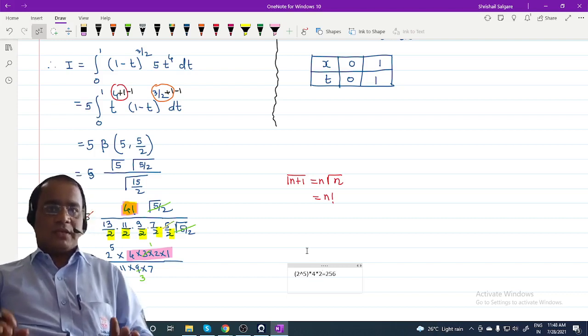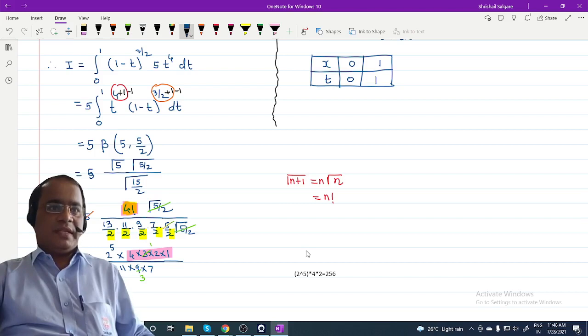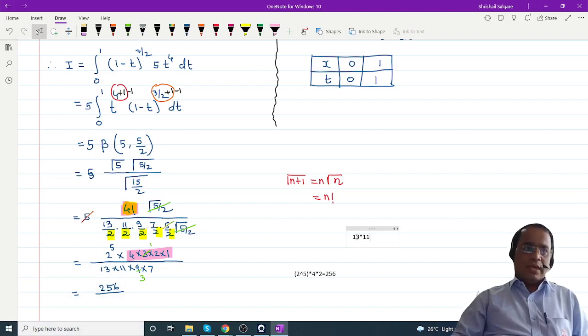What does it come to? Verify it. 256. Is it right? It comes as 256, and the denominator is 13 into 11 into 3 into 7.